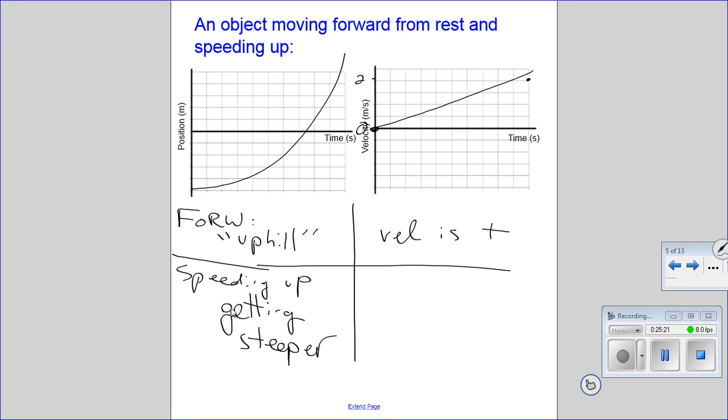All right, and then look at the velocity time graph. How do I know it's speeding up? The numbers are increasing, yes, but you've got to be careful, because the way that I always say it is it's getting farther from zero. The velocity is getting farther from zero, so it's speeding up, right? Because the slowest you can go is zero.